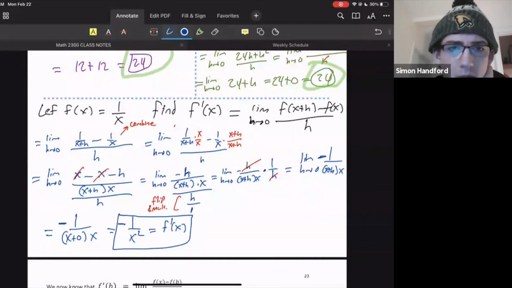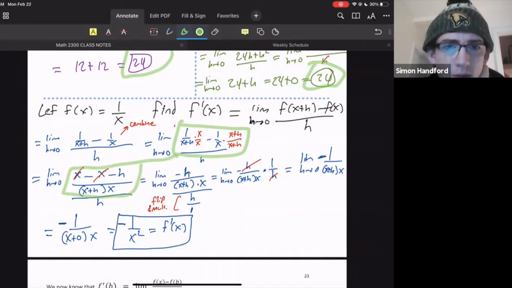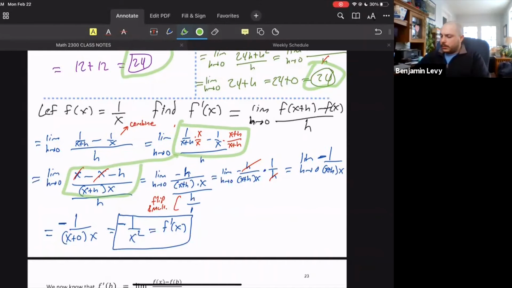So how did you go from the second one on the top there, where you're multiplying 1 over x plus h times x over x, and the other one, to that one over there? So you multiply the tops, right? So x times 1 is x.